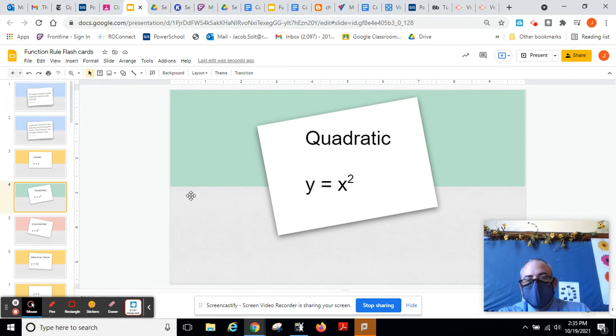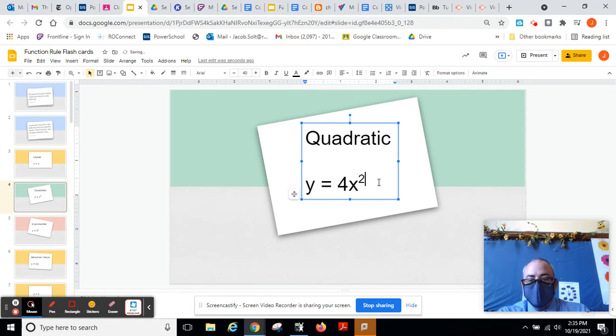Now, sometimes it might be 4x squared, and that's still quadratic. Sometimes it might be plus 10, or maybe minus 5. It doesn't matter. Still quadratic. This x to the second power means quadratic. No matter what else is in there, x squared is quadratic.